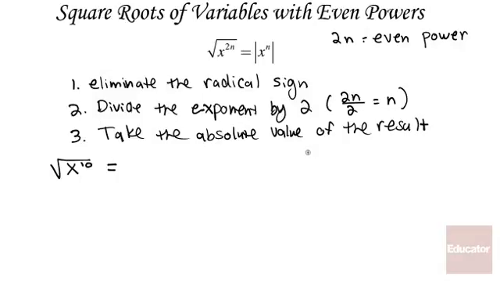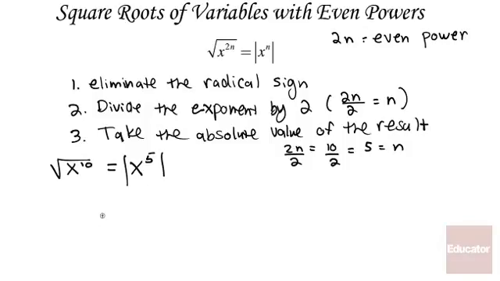Here 2n equals 10, so 2n divided by 2 equals 10 divided by 2, which equals 5. So n equals 5. Now I'm going to get x to the 5th power, and I need to take the absolute value of that result.